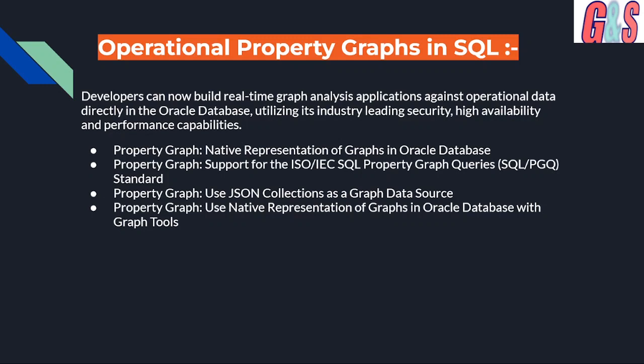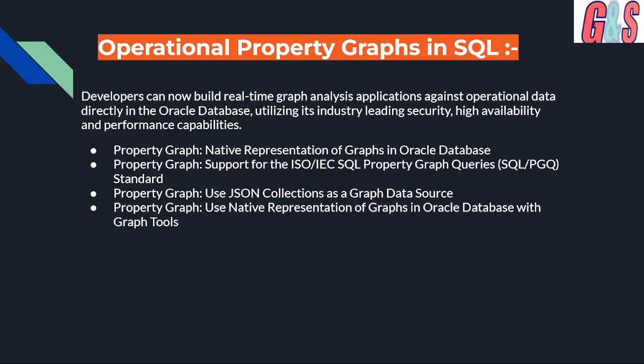So we start with the native representation of graphs in Oracle database. Oracle database now has native support for property graph data structure and graph queries. Property graphs provide an intuitive way to find direct or indirect dependency in data elements and extract insights from these relationships.